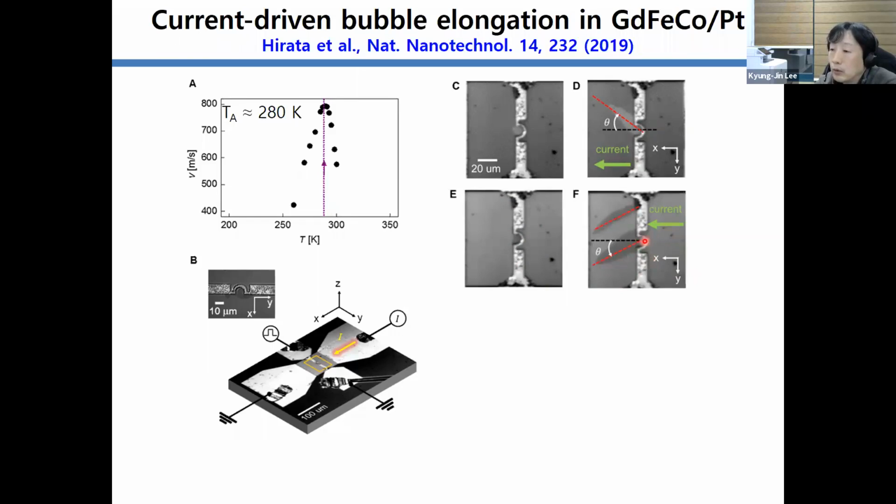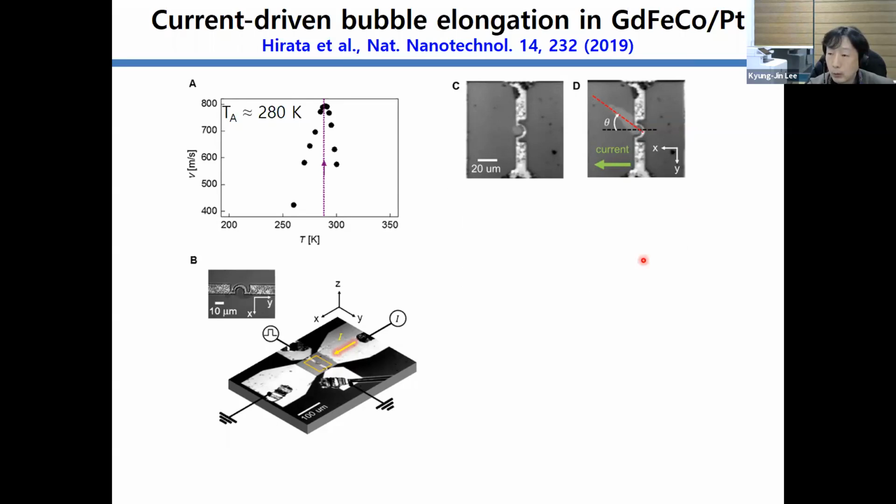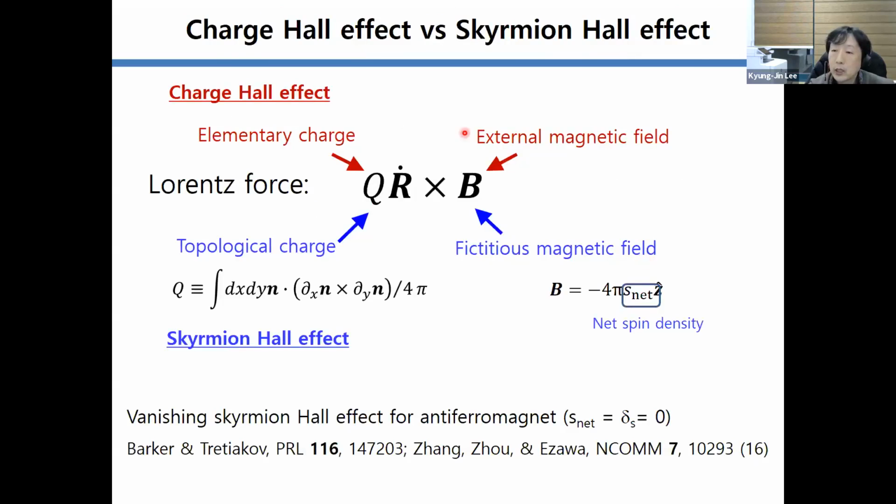The bubble still elongates, but the angle changes its sign, with a similar magnitude, which means that this angle reflects the topological charge. Because, let me go back to the equation here, this Q includes n three times, so it is an odd function of the Néel order parameter, meaning that if we reverse the sign of n, then Q reverses its sign.